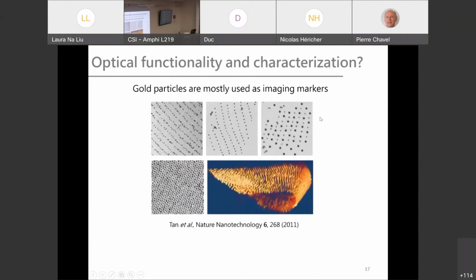So this is a very extraordinary paper published already back in the year of 2011. So what you see is that the gold nanoparticles are organized in regular 2D lattices using DNA. So from the TEM, you don't see the DNA, but you do see gold nanoparticles. For a long time, gold nanoparticles have been used as image markers because of their high contrast from TEM microscopy.